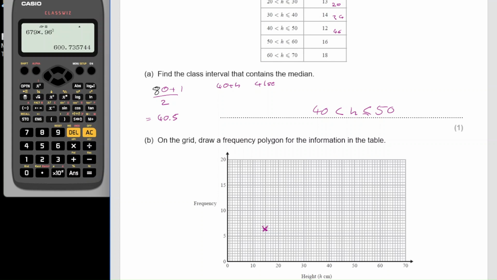So at 25, I want to plot 13. At 35, I want to plot 14. At 45, I want to plot 12.